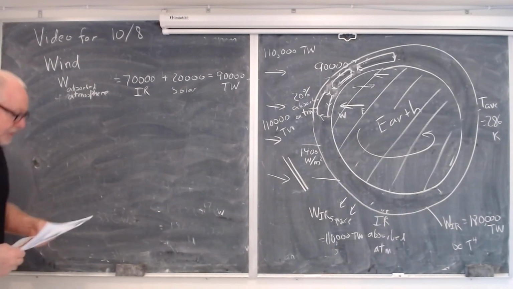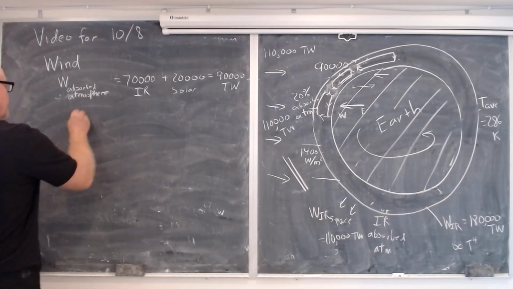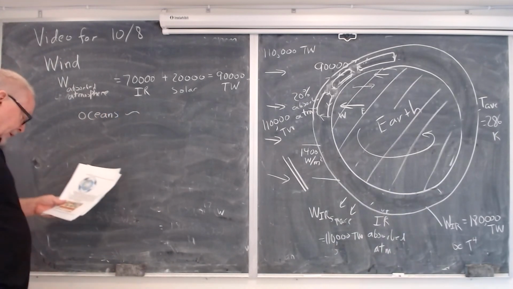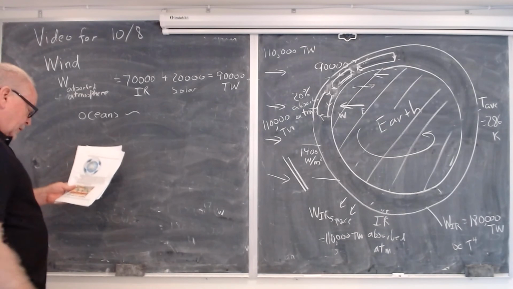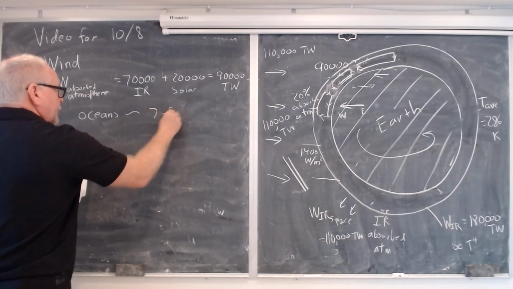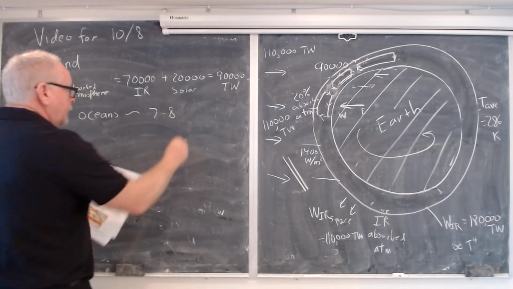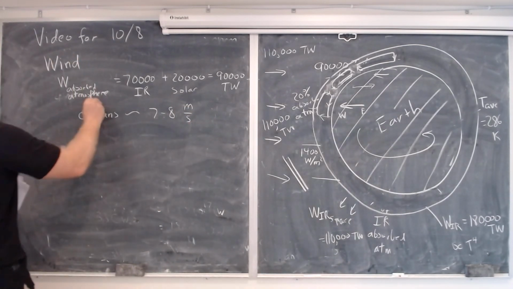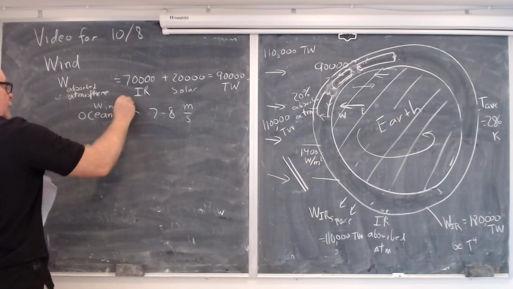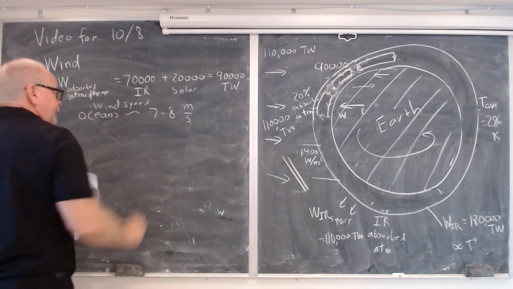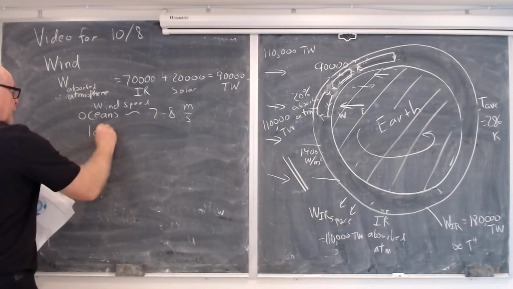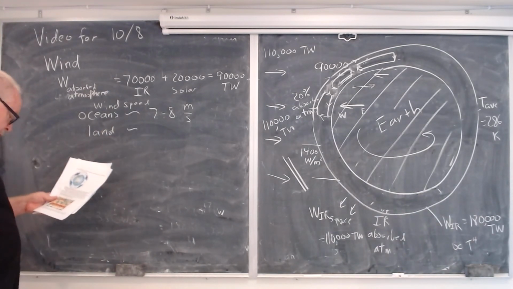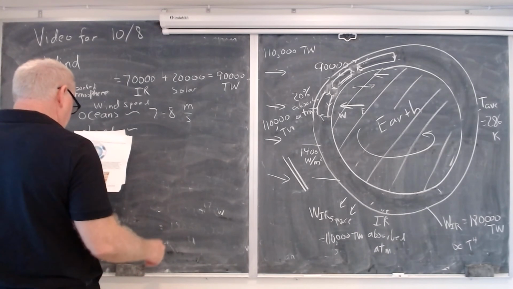What you can see is that over the oceans, it's roughly around 7 to 8 meters per second. This is wind speed. And over land, it averages much smaller, maybe 2 to 5.